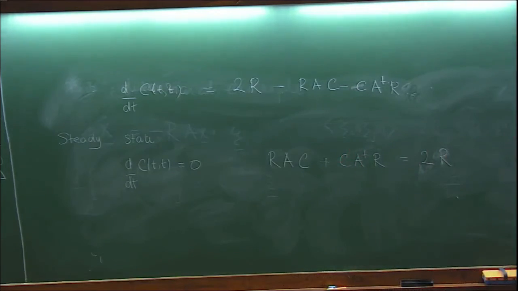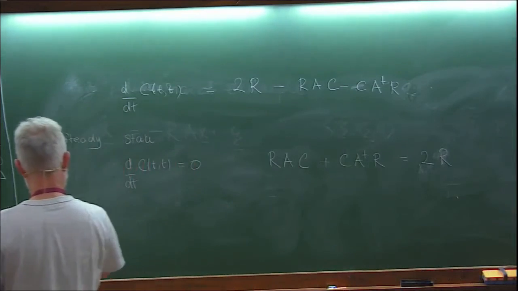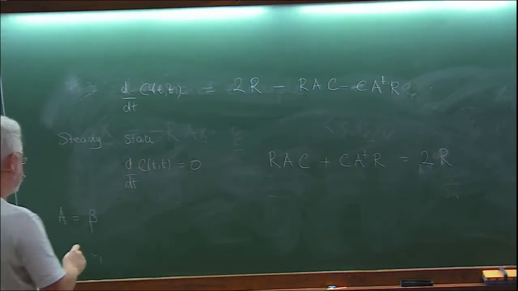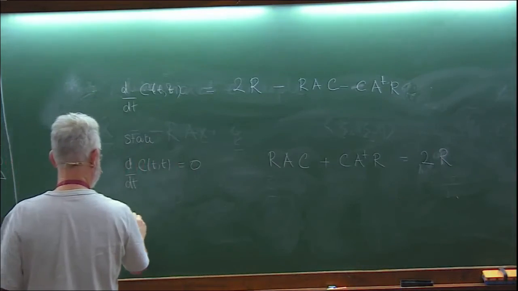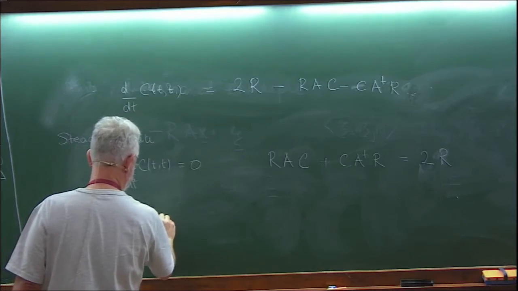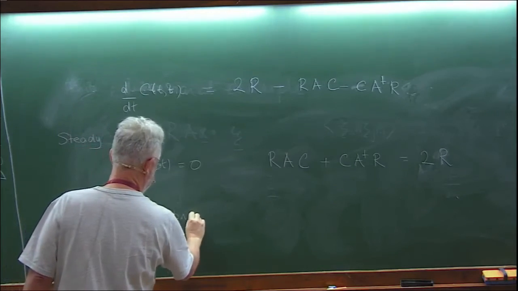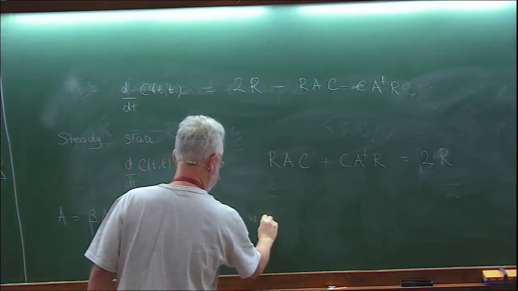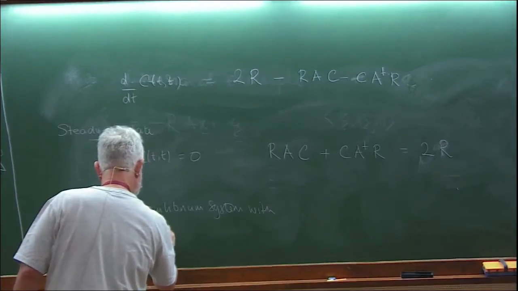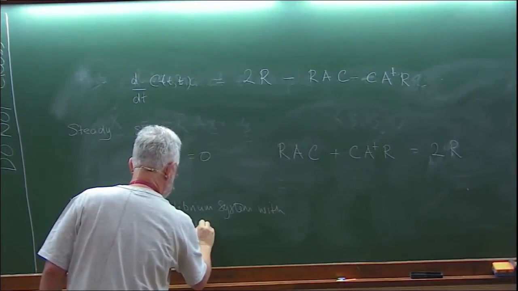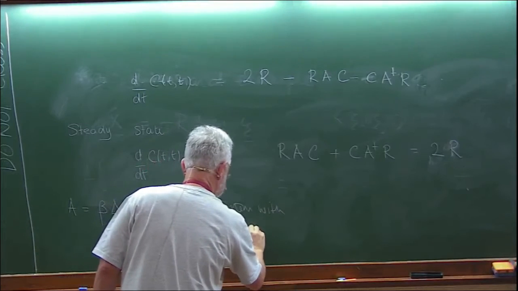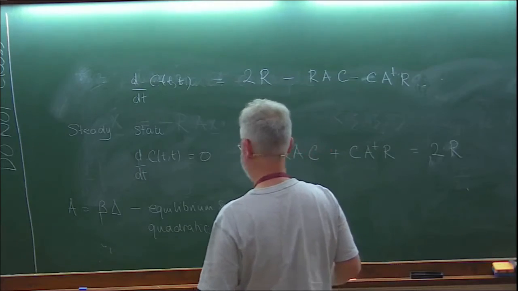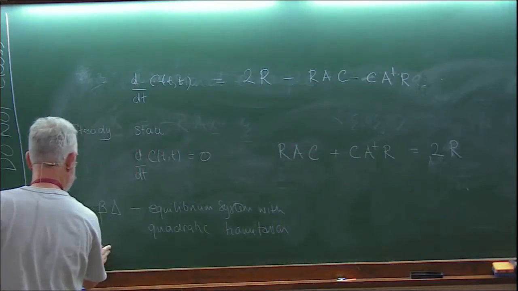Now, what happens if I had an equilibrium system? If A is equal to beta times some matrix delta, okay? So for an equilibrium system with a quadratic Hamiltonian, that means that B, and so A and delta, is symmetric.